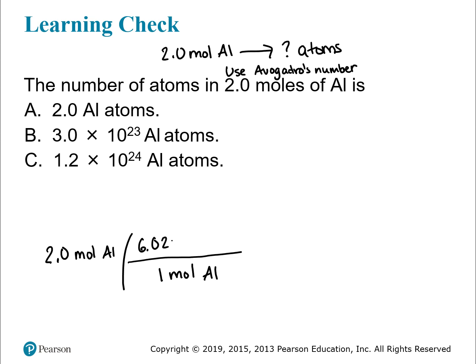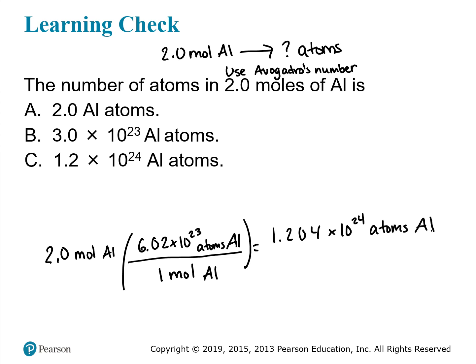Avogadro's number goes in the top. When you do the multiplication, this is what your calculator will tell you.